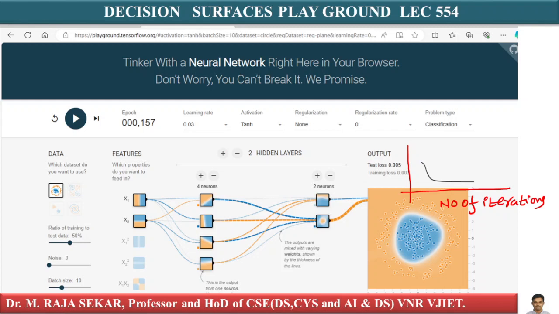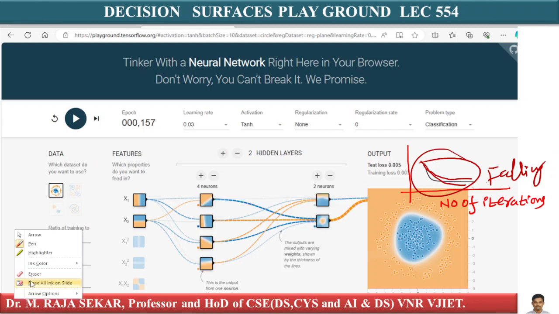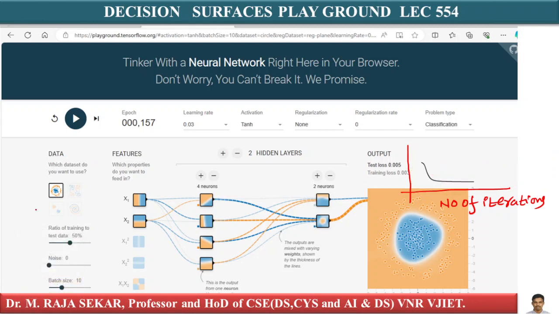But over a period of time, both the training loss and the test loss are falling. Both are decreasing, isn't it? Yes, my training loss and test loss are both falling.